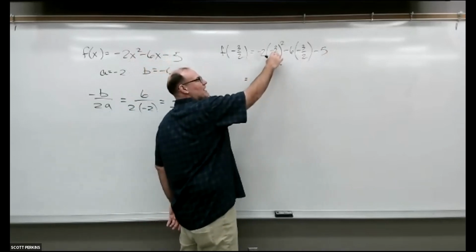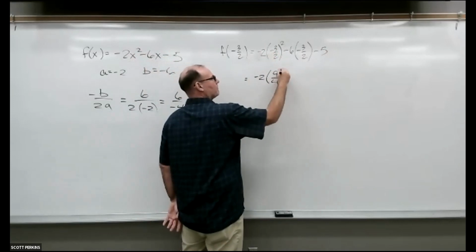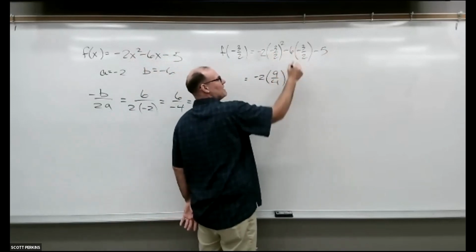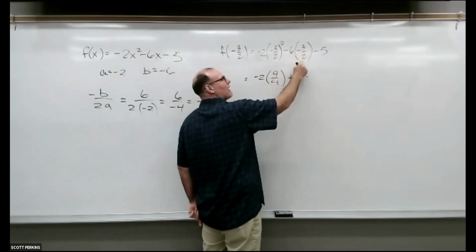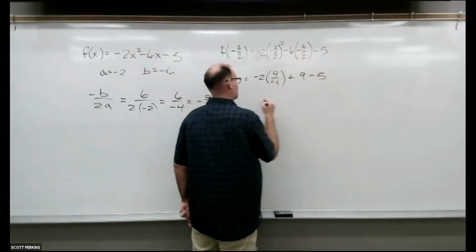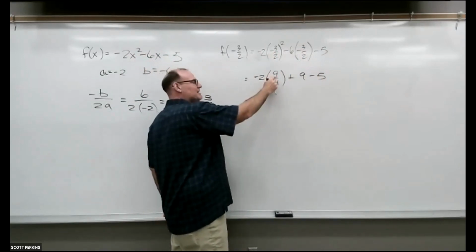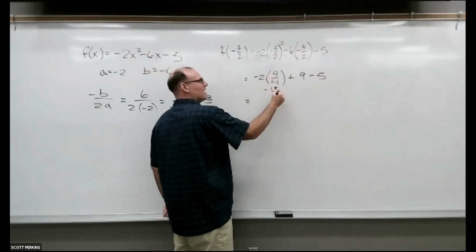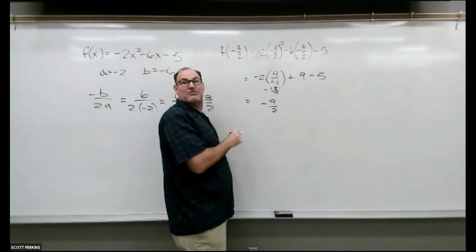Okay, so negative 3/2 times negative 3/2 is 9 over 4. A negative times a negative is a positive, and 6 times 3 is 18. 18 divided by 2 is 9. Negative 2 times 9/4 is negative 18 over 4, and I can reduce that to negative 9/2. Again, if you've got a decimal, that's negative 4.5.